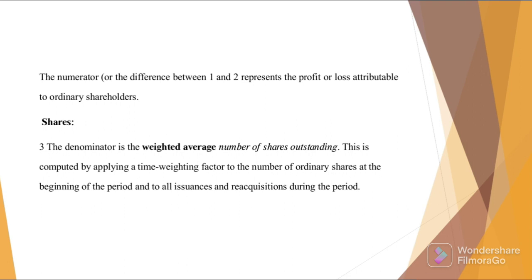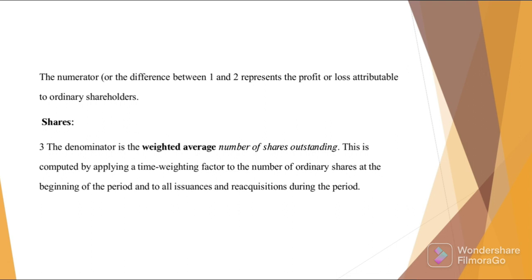Para makuha ang time weighting factor, need mo muna kunin ang number of days na outstanding ang shares and i-divide sa total number ng days sa loob ng period. Outstanding shares are those that are entitled to participate in dividends din. Issued shares plus subscribed shares minus treasury shares.